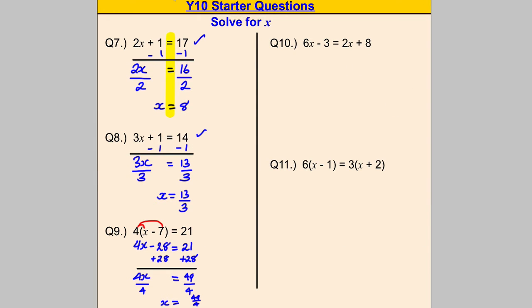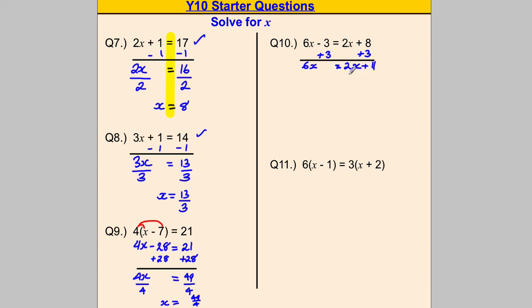Okay, next one. X is on both sides and numbers on both sides. So let's deal with the number first. Let's get all the numbers together on, let's say, the right hand side. So to undo that take away 3, let's add 3 to both sides. So I'd have myself 6x is equal to 2x add 11.